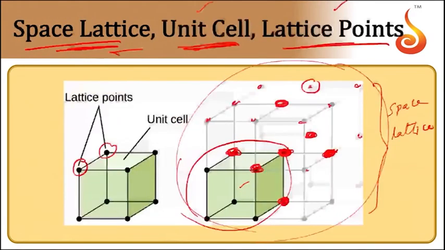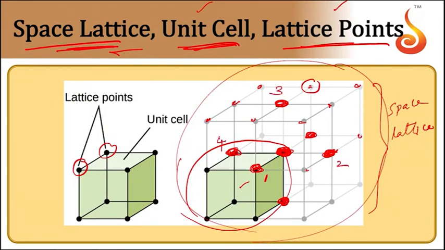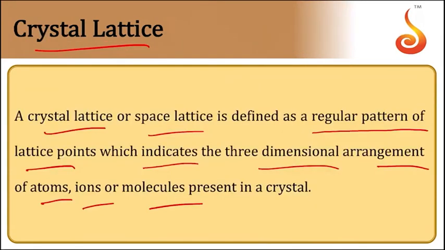If you take the middle one here, it is surrounded by altogether 1, 2, 3, 4, 5 and 6. It is surrounded by altogether 6 here. Therefore, in a simple cube, the coordination number will be 6.